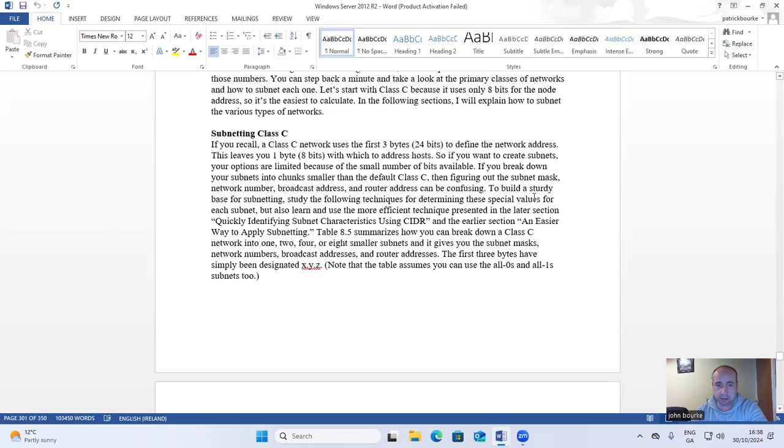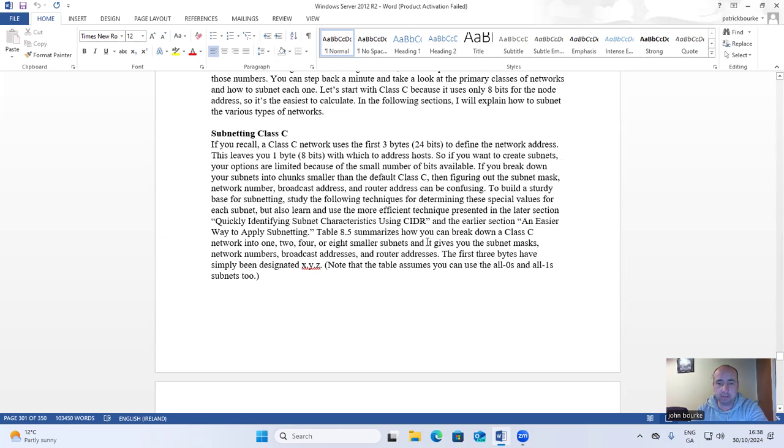To build a sturdy base for subnetting, study the following techniques for determining these special values for each subnet, but also learn to use the more efficient technique presented in the later section, quickly identifying subnet characteristics using CIDR, which means classless interdomain routing, and the earlier section. An easier way to apply subnetting.